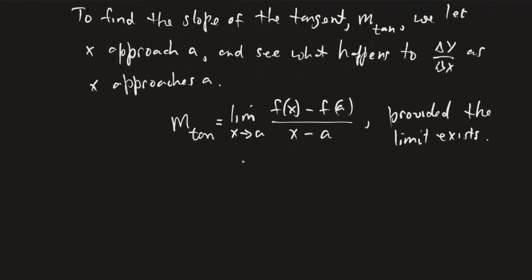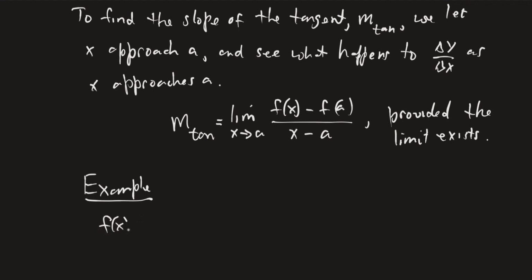And just like the example we did earlier with the parabola, let's also use a parabola and see what's going on, right? So let's do an example here. And now, this time I will sketch the parabola.